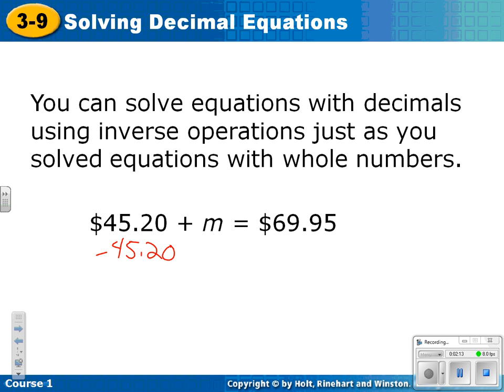Rule number 2 is what? Got to do it to both sides. Minus $45.20. That goes away. We're left with M equals $69.95 minus $45.20. This is subtracting decimals. What's important when we subtract decimals? Line them up.